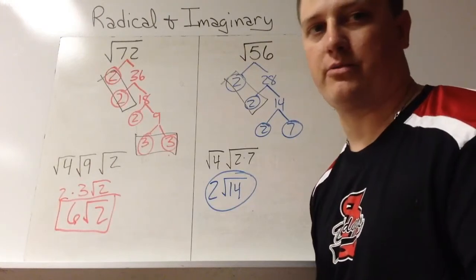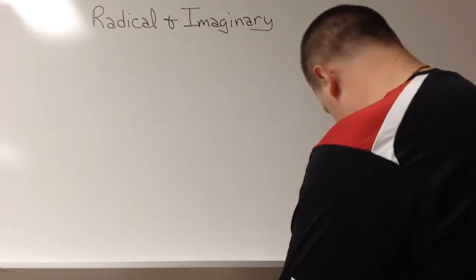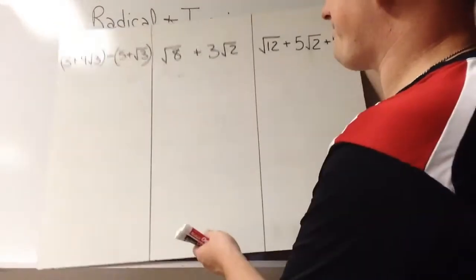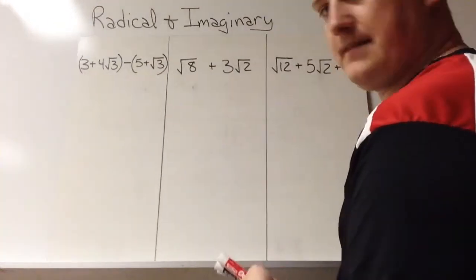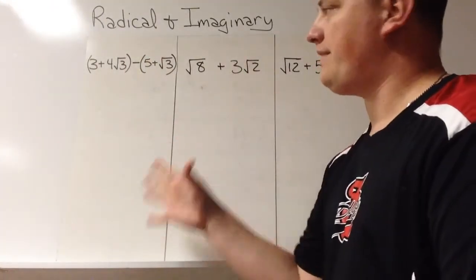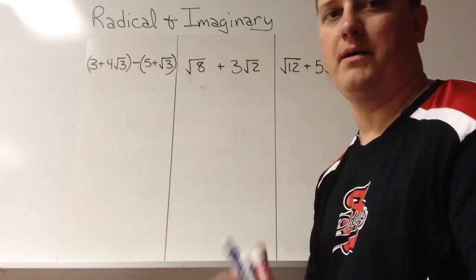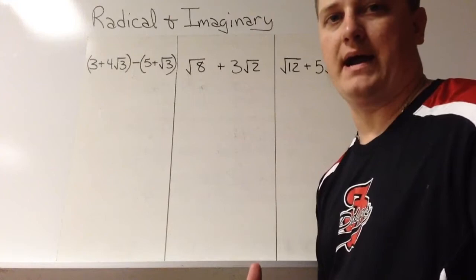Okay, let's do some math with radicals. First thing is a little subtraction. All we have to do is treat it like terms. So square roots have to be the same so that they can be combined.